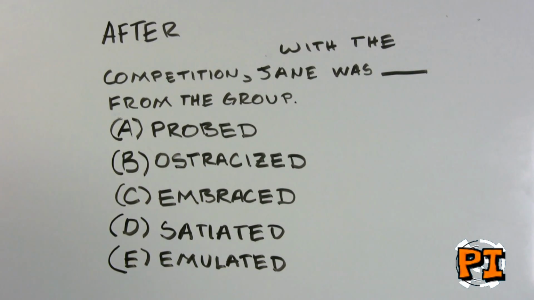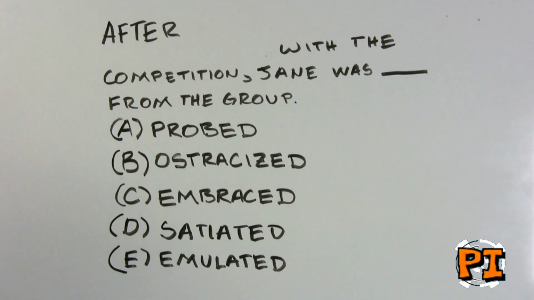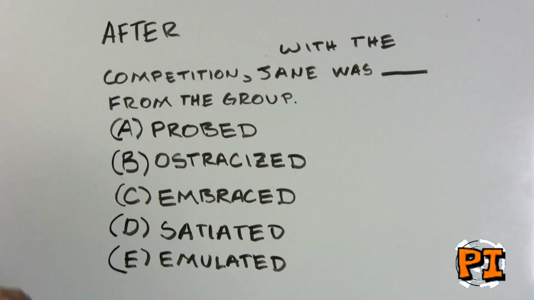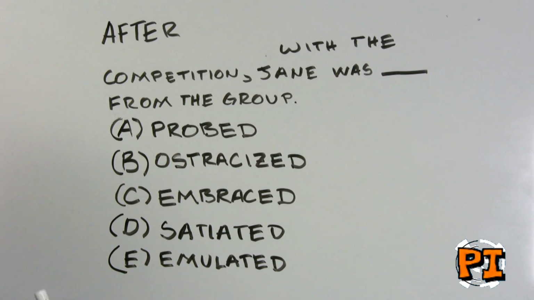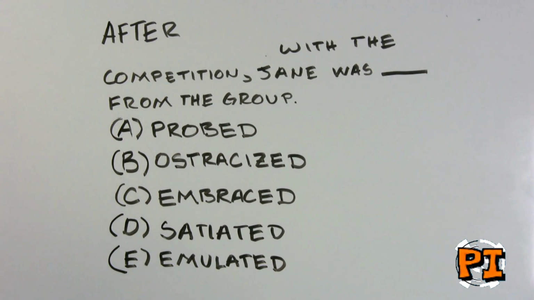In this example, we're missing a part of the sentence. I'll explain why in a second. But what you don't want to do is be biased by the answer choices. The answer choices are all there to either answer the question correctly or throw you off. If you merely relied on the answer choices, you might say, I don't really know what this question is asking me, but let's see what sounds right.